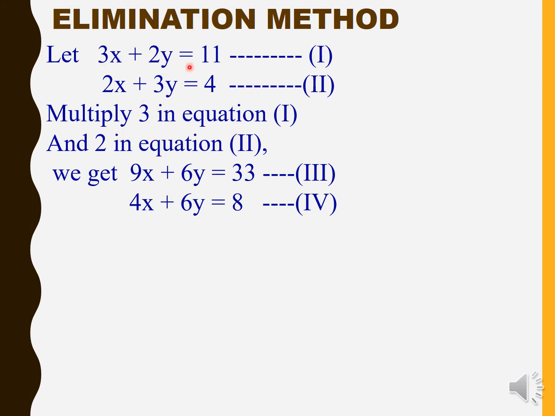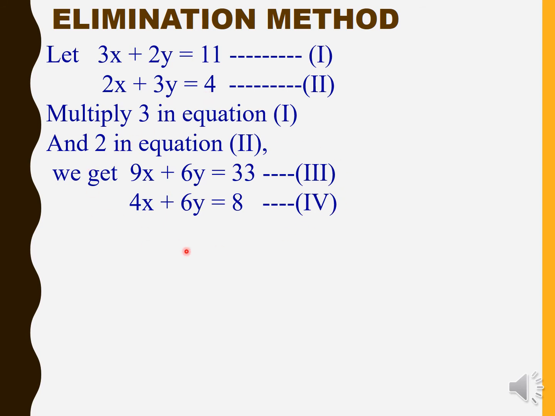If you multiply the first equation by 3, we will get this equation: 3x into 3, that is 9x plus 6y equals 33, and we will multiply the second equation by 2. So we'll get 4x plus 6y equals 8. So we multiply the first equation by 3 and the second equation by 2.